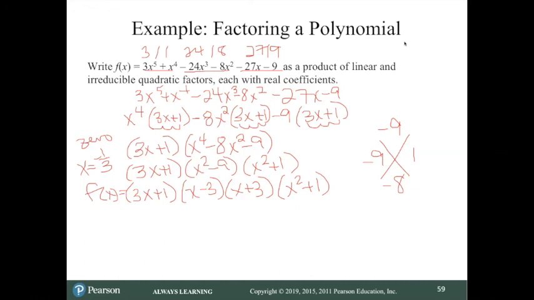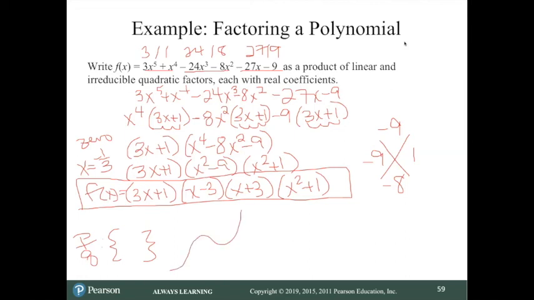Now, if you didn't recognize factoring by grouping, then you can use the P over Q list. You'll get that whole list. You'll graph this. It'll do something like this. It will actually be at -3, +3, -1/3. So it'll look something like that. Okay. You'll find your points, test them. You can use synthetic division until you get those 3, and then your final quotient will be a 1, 0, 1 with a remainder of 0, giving you that x squared plus 1 factor.